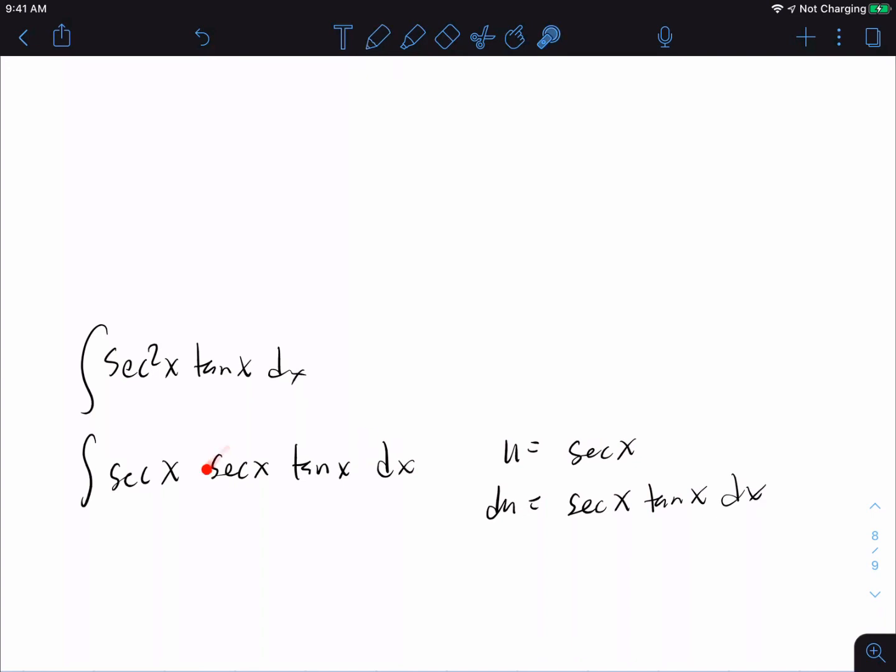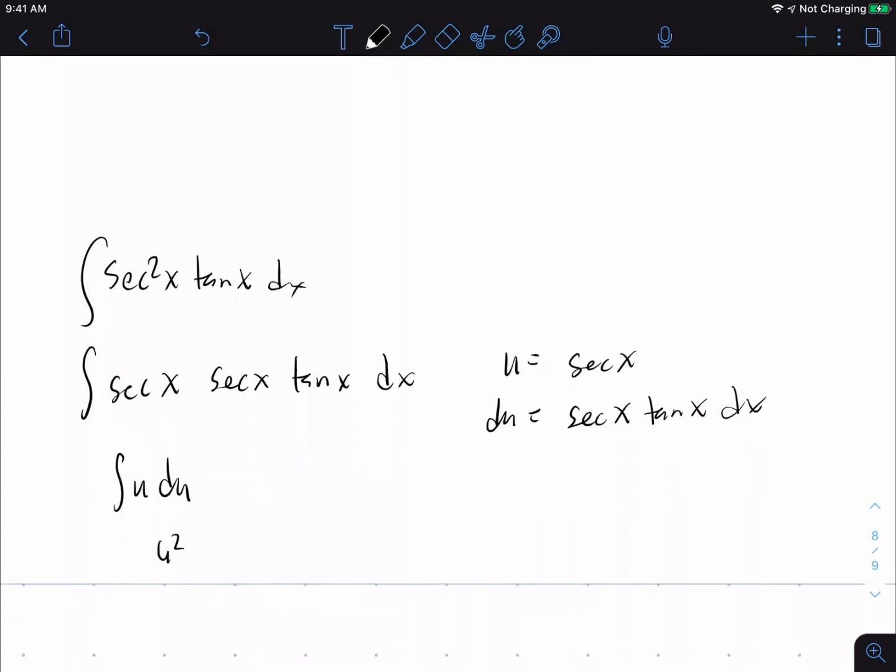So can you see that this goes away? Yeah. And now I end up with the integral of u du, which gives me u squared over 2 plus some constant c, which is secant squared x over 2 instead of tangent squared x over 2. The rest of the integral would have been the same, right? Minus ln of secant of x plus some constant c.